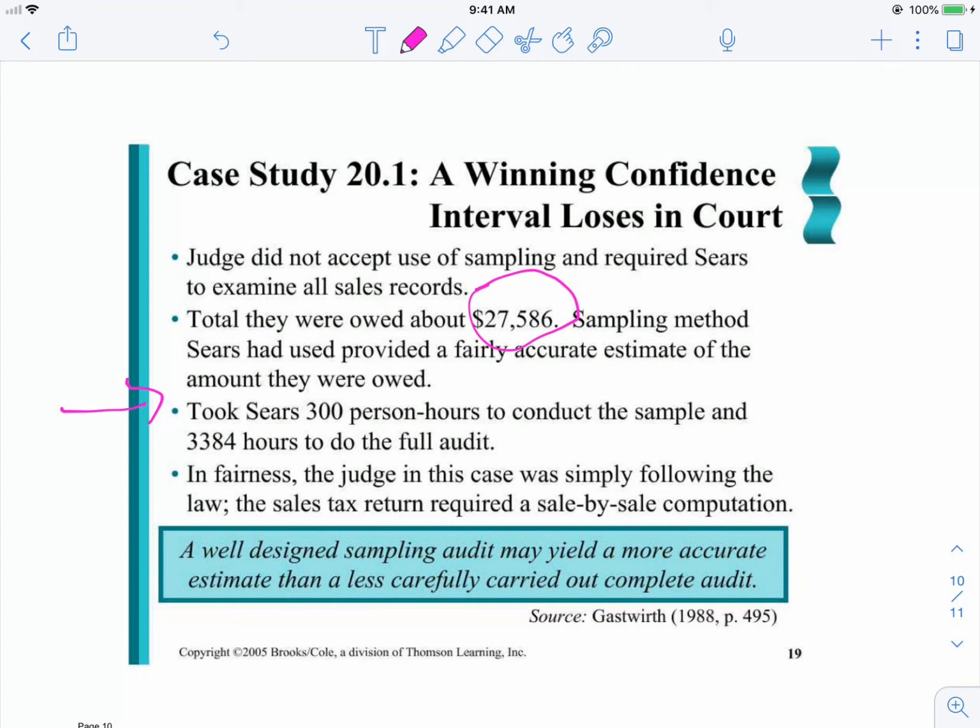So the money that they spent performing that audit well exceeded what they were going to do with that sampling method, but the fairness is that the judge was just following what the law said, that the sales tax return required a sale-by-sale computation. And this is similar to what we've talked about with our national census. We know that we're kind of going through that right now.